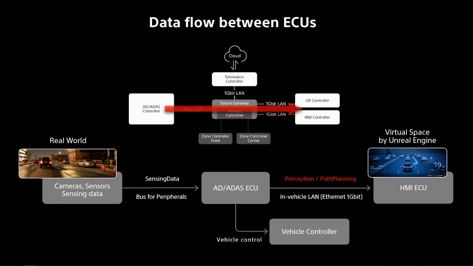Data flow between ECUs. AFEELA has a wideband Ethernet that allows it to send information such as sensor data and perceived obstacles directly to the IVI. These data can be utilized not only for vehicle control, but also for infotainment and entertainment on the IVI.